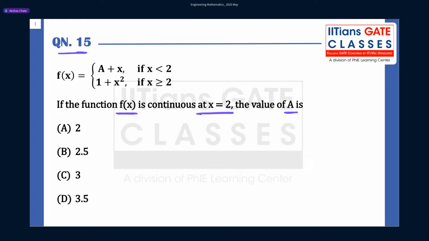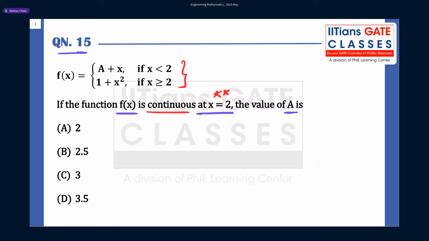Again, if you had studied calculus properly from my previous classes, this was not that difficult a question. How should you solve it? You need to pay attention to certain keywords. They're asking the continuity condition at the point x equal to 2. You can see from the definition that at x equal to 2 there is a change in the definition of the function.